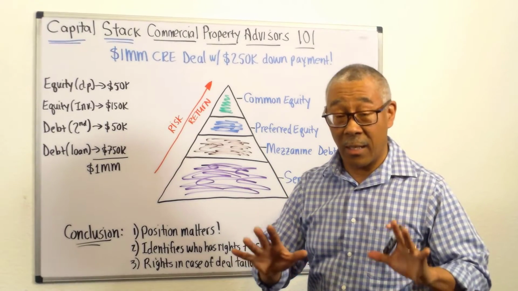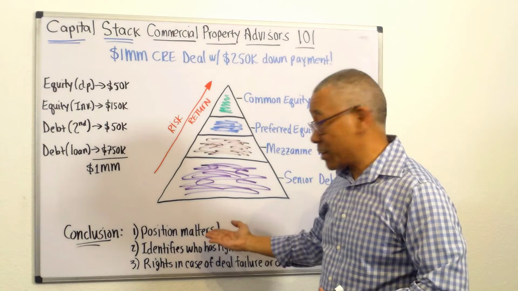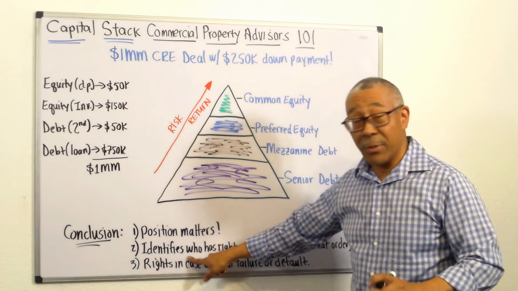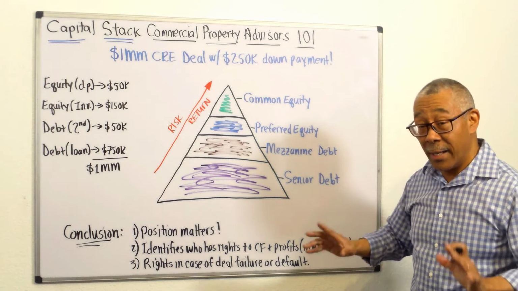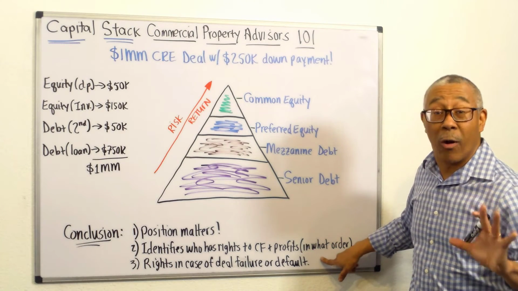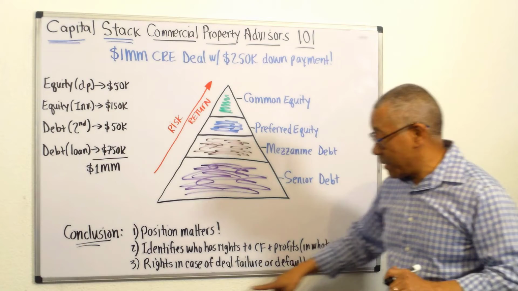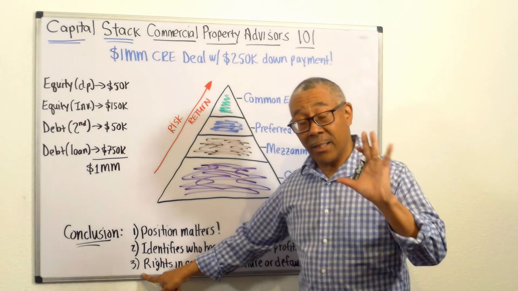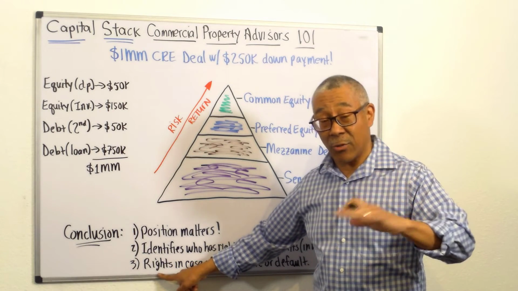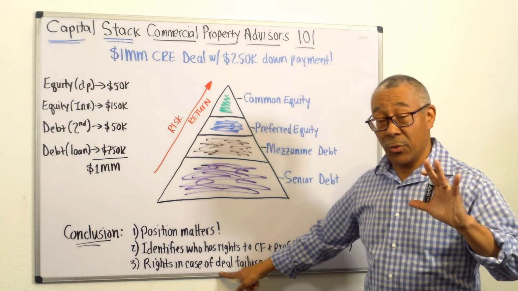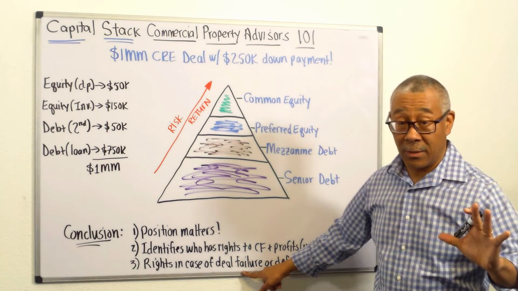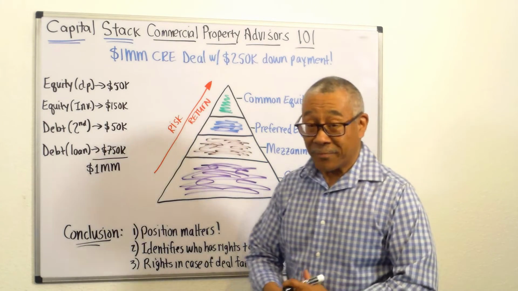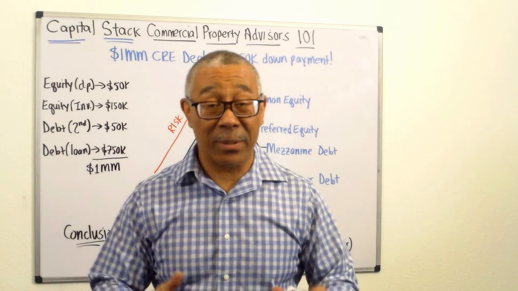Number two, the capital stack identifies who has the rights to cash flow and profits and in what order. And number three, the capital stack lays out the rights if there is a default or failure in the deal. So there you are, capital stack.